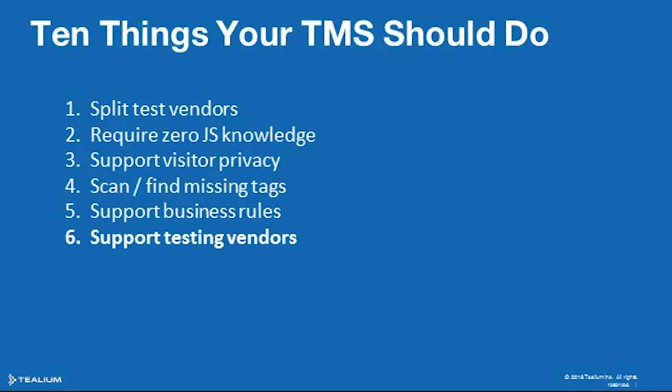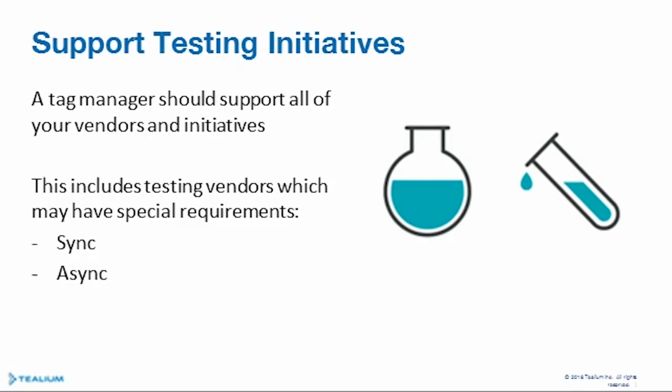The next, and this comes into making sure that I have support for everything in my digital marketing initiatives, is making sure that my tag manager can support testing initiatives. So these are those great multivariate and A/B split testing solutions that you may be using today or you may want to use in the future.